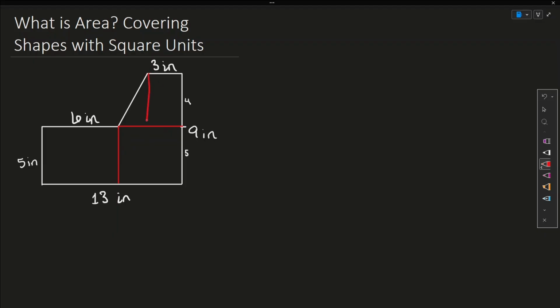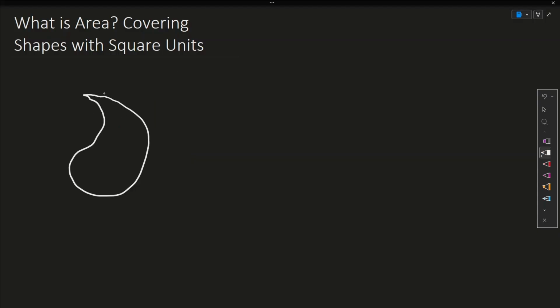So now I have 3 rectangles and a triangle. That is an important idea for students. Mathematics is not always about finding the one approved pathway. Sometimes there are multiple correct approaches. As long as the pieces cover the same region without overlap or gaps, the total area will be the same.